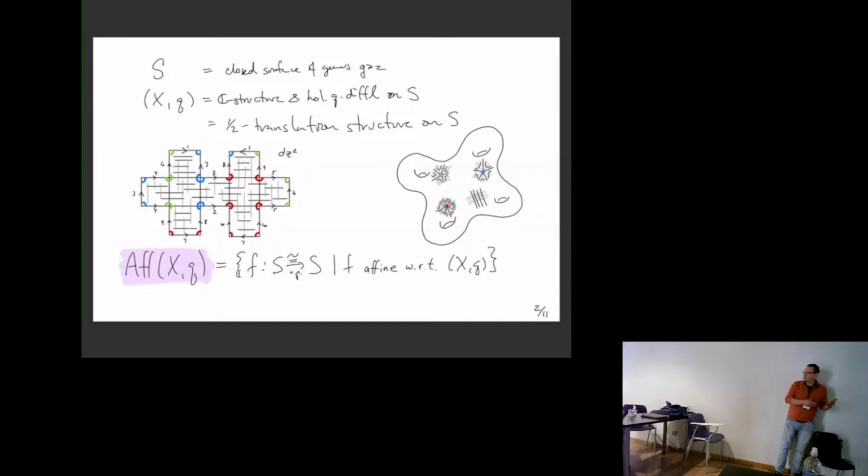So if you think about this as given by an atlas of charts, where the transition functions are as I described earlier, then these should be diffeomorphisms in that atlas of charts, and the derivatives should be constant. So they should be affine in this atlas. That's the object that I'm interested in, this affine group of one of these half translation structures. And I can think about this as a subgroup of the mapping class group.